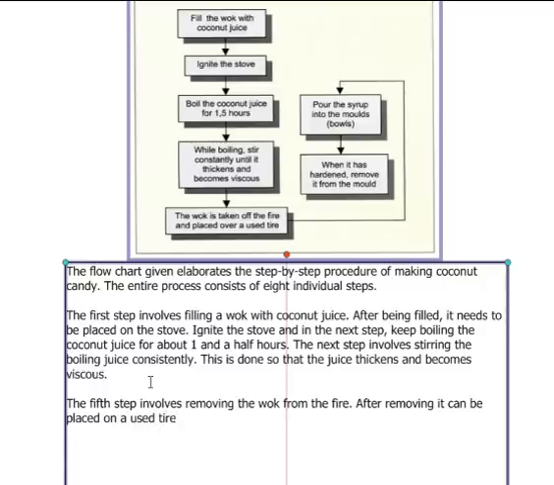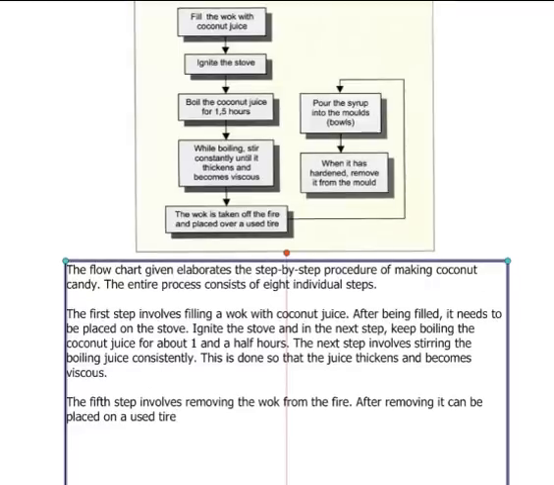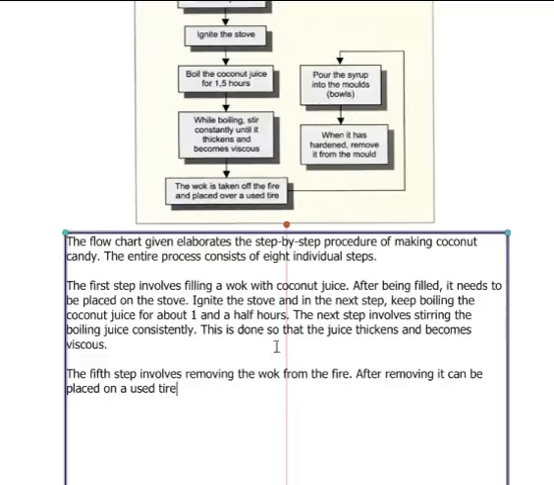Now we might be knowing that it is placed over a used tire so that it can be cooled off. However, that information is not given to us, so it's better not to use that information. Now the 5th step involves removing the wok from the fire. After removing, here we need to put a comma, it can be placed on a used tire.